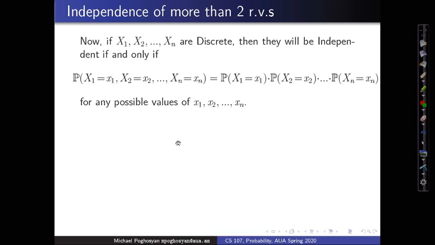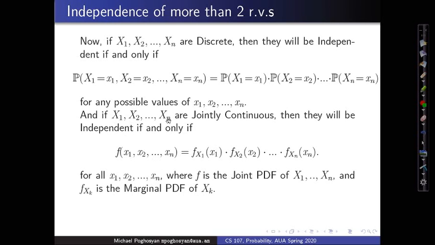So if the xk's are discrete, then they will be mutually independent if their joint PMF, the probability that x1 is small x1, x2 is small x2, etc., xn is small xn, is the product of the marginal PMFs for all possible values of x1, x2, xn.